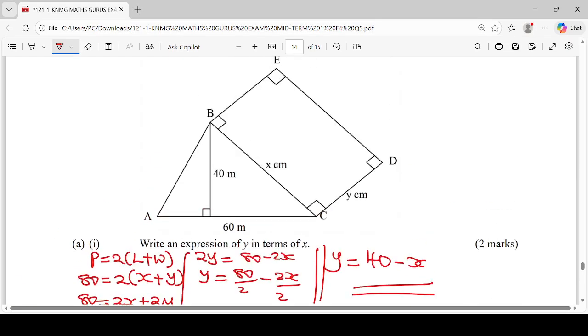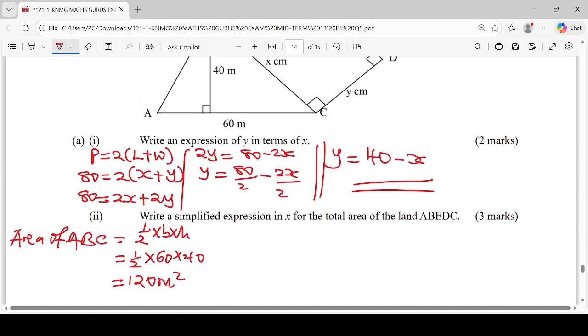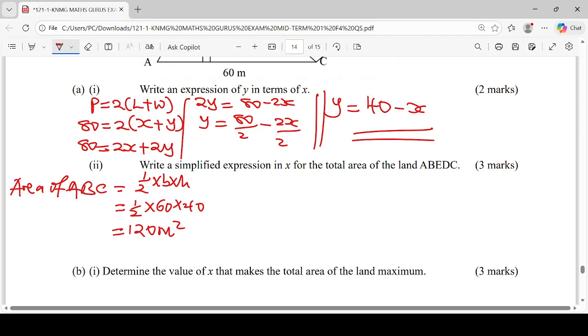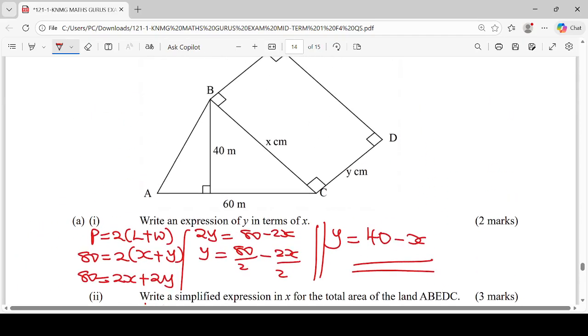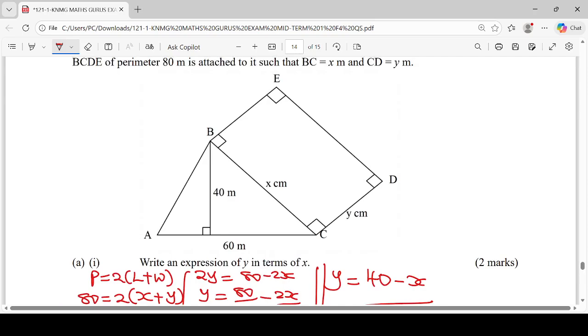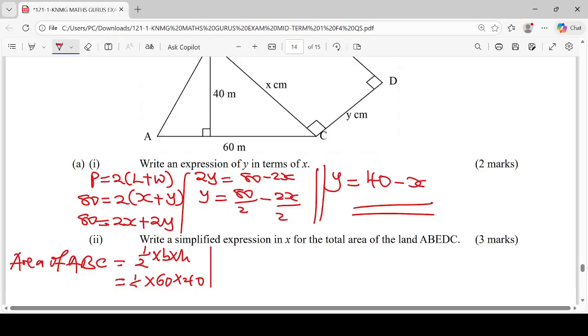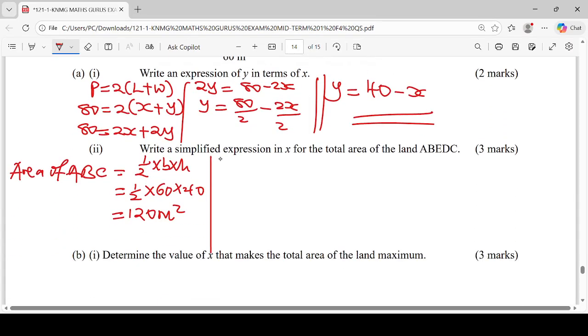After getting that, we also need to get the area of rectangle BCDE, which is length times width.